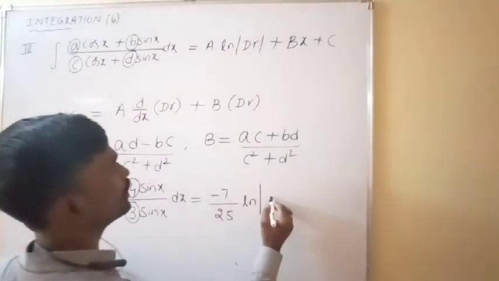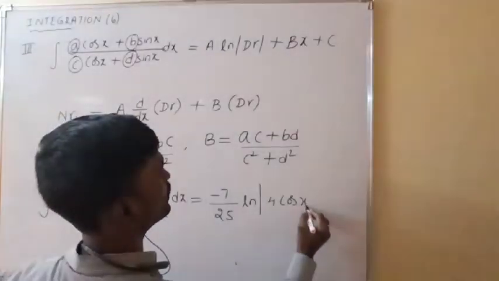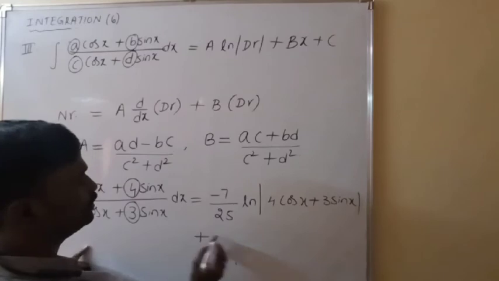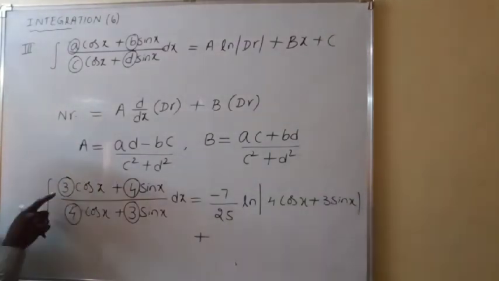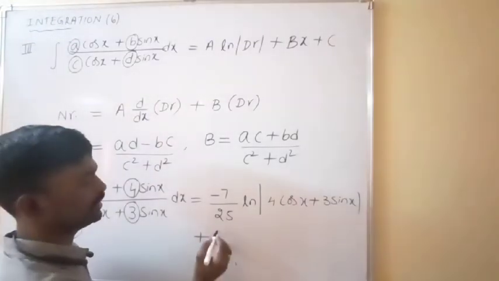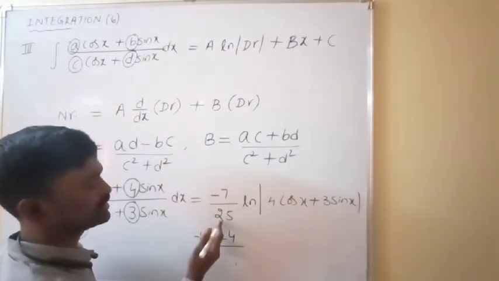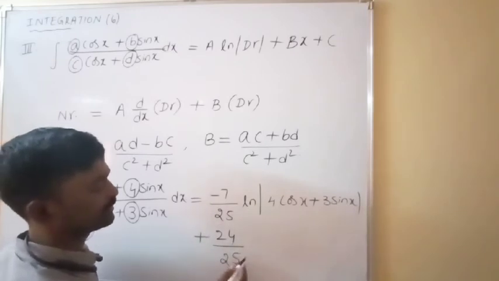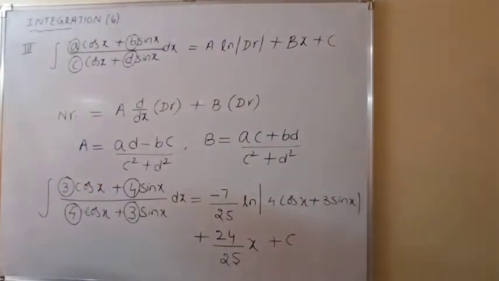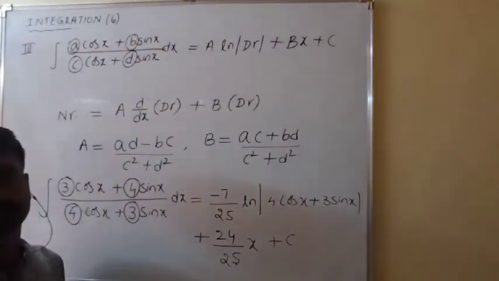What is the denominator? 4 cos x plus 3 sin x, plus B. What is B? AC plus BD. So 3 4s are 12 plus 4 3s are 12, 12 plus 12 is 24, divided by C square plus D square, same 25 only, no? Into x plus c. So within one step you got the answer.